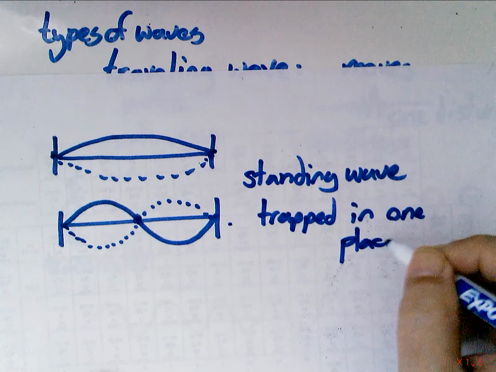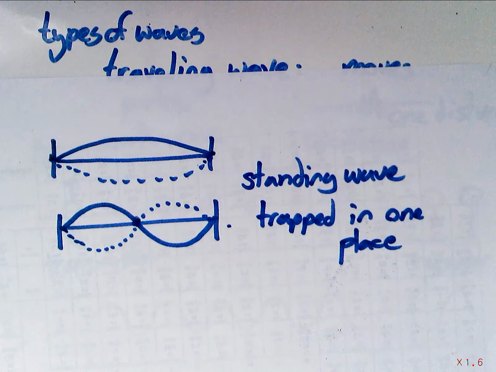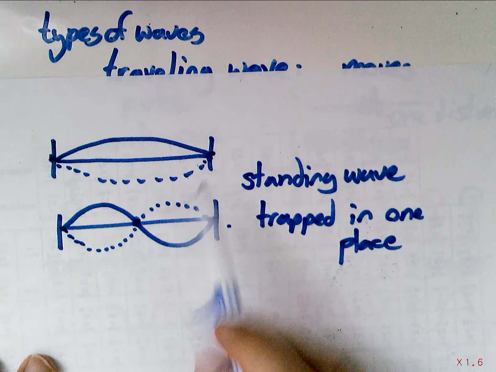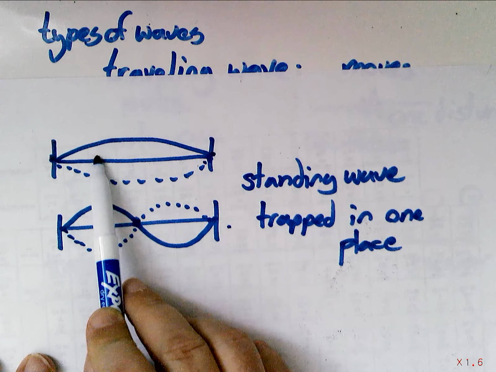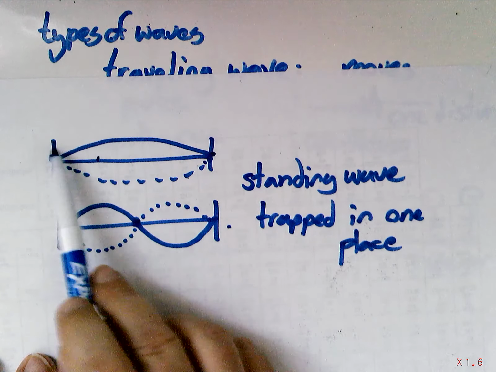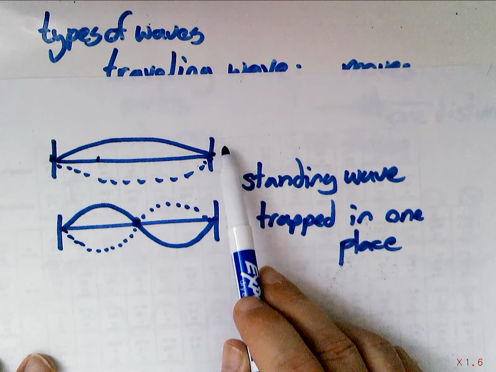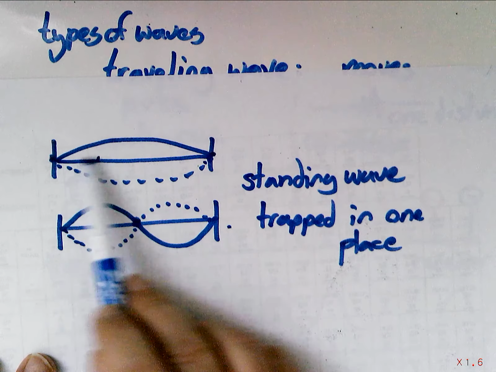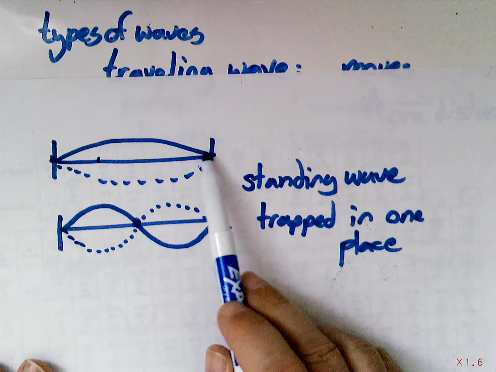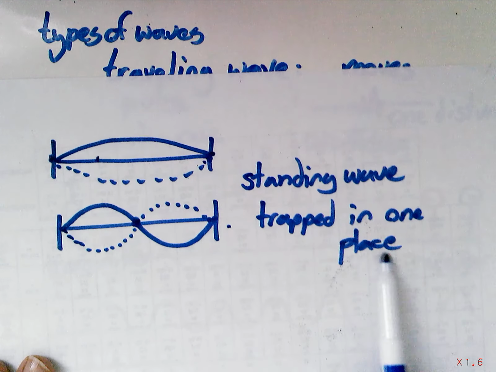It's trapped on this guitar string in this case. So you can't say exactly where the wave is. If someone says, "Where's the wave?" and you say, "Oh, it's right there," really, that's not right, because it's everywhere along the guitar string. The wave itself is located on the guitar string, and that's the best you can narrow it down.